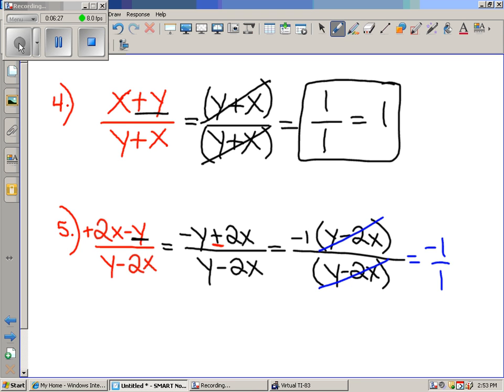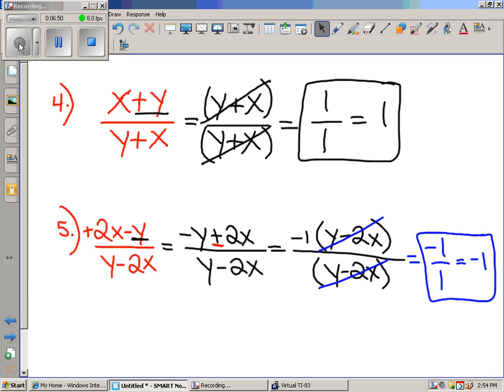What's -1 divided by 1? -1. And so here's the rule that you have to remember. If you see two things that are exactly switched by a subtraction, they cancel out to be -1.